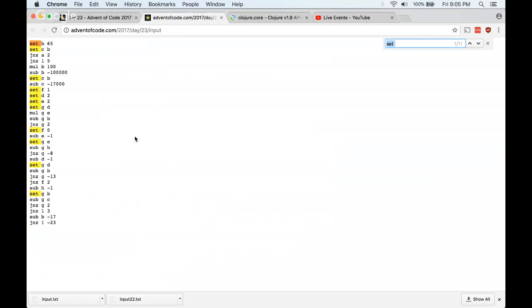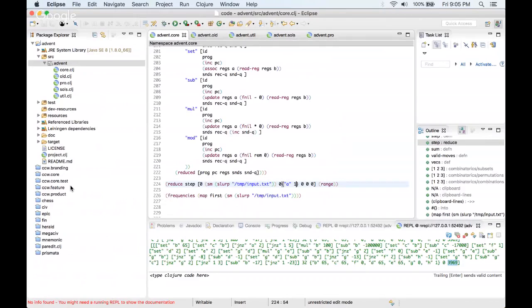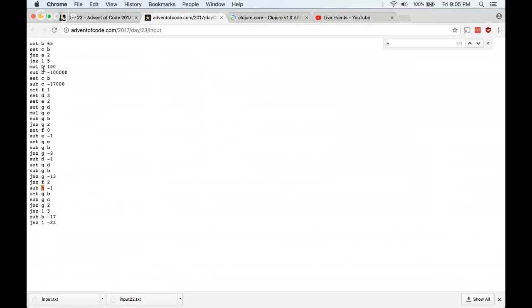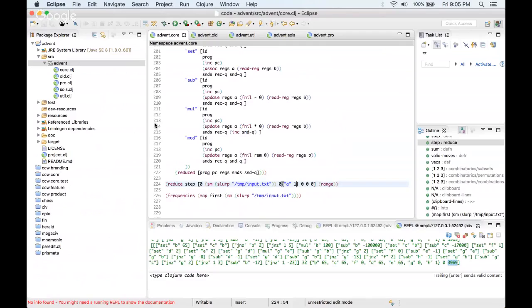Okay. So it seems like, okay, so looks like H starts at 0, and then there's some sense in which, okay, there's some kind of looping going on here.